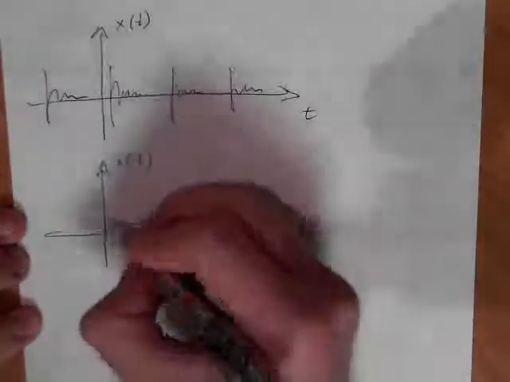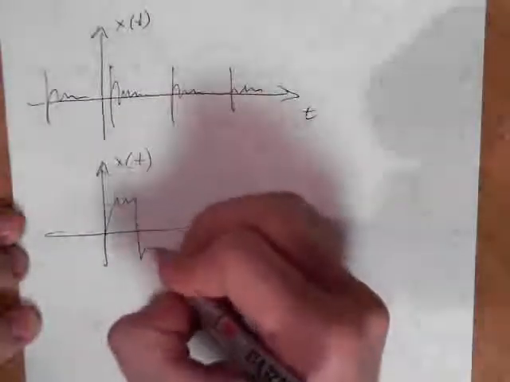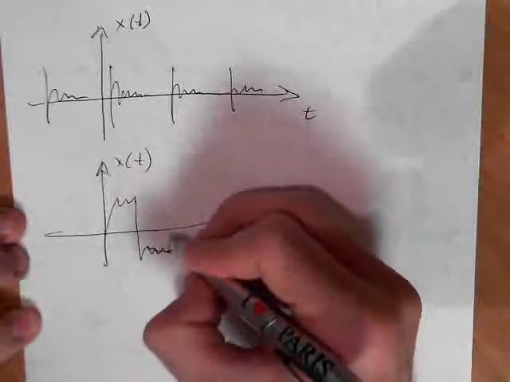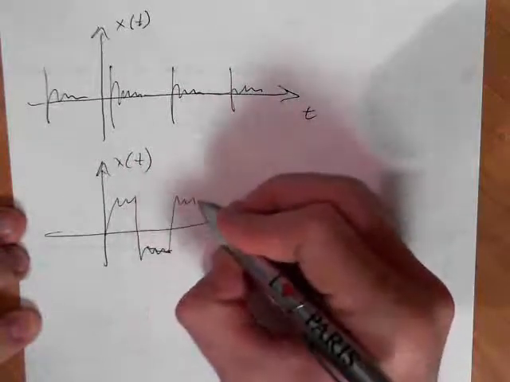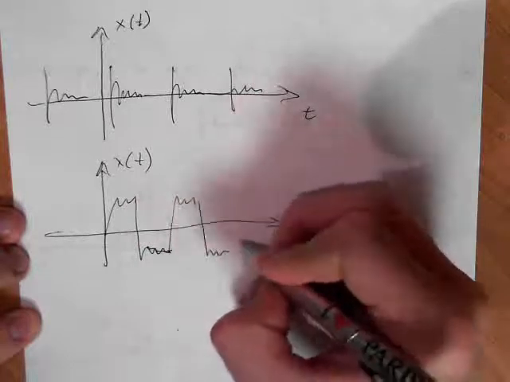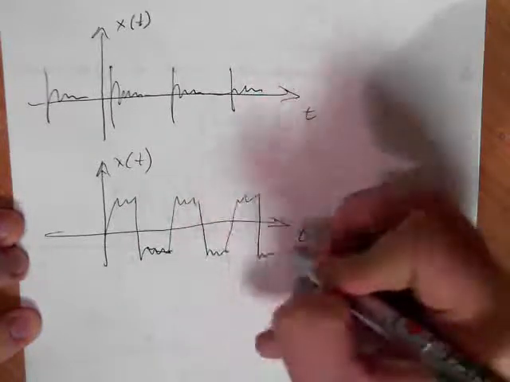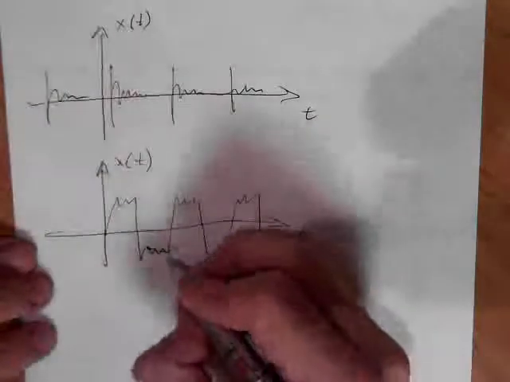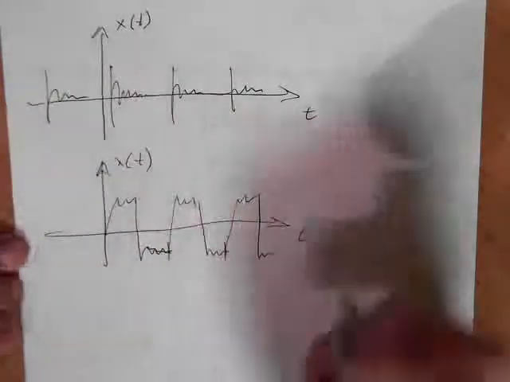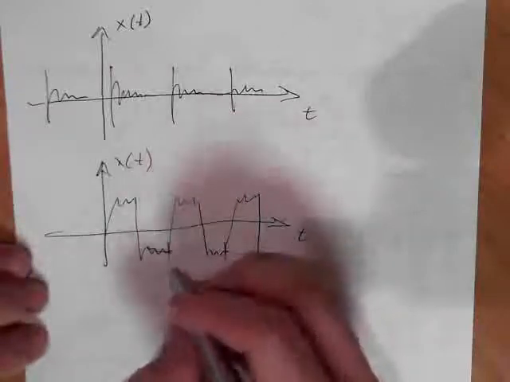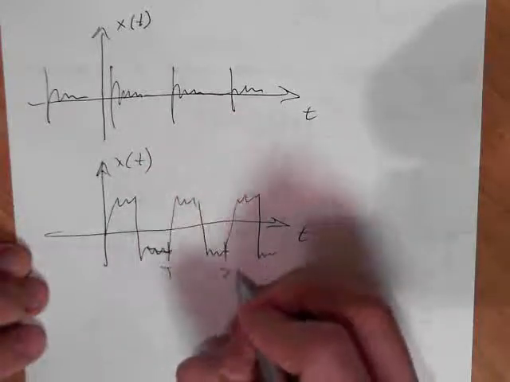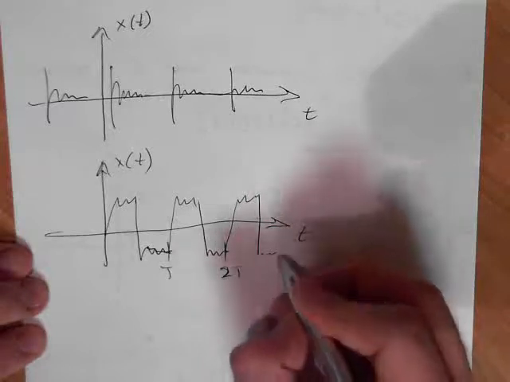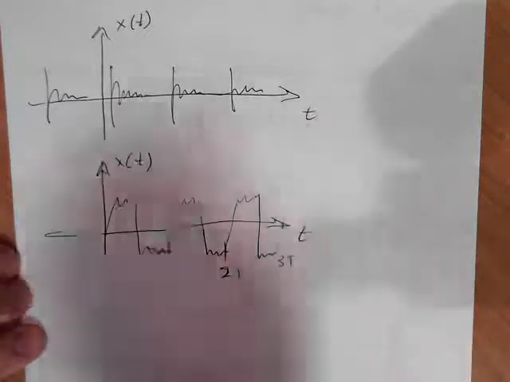Other examples that you may encounter somewhere, this is x(t). So some kind of signal like this should be wiggling also. Some kind of like this you may get, because it's also a periodic signal, it's repeating. This is T, this is 2T, this would be 3T.